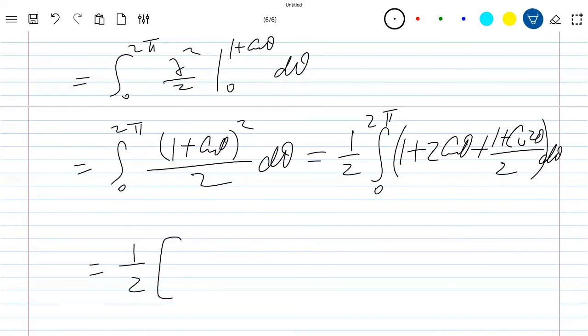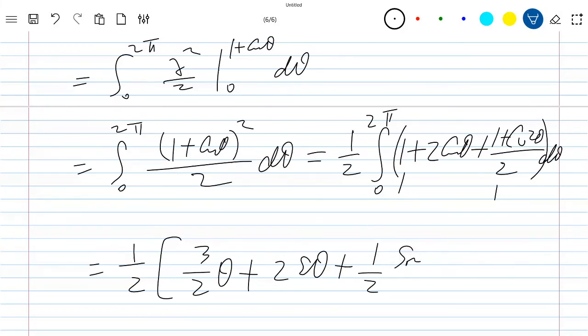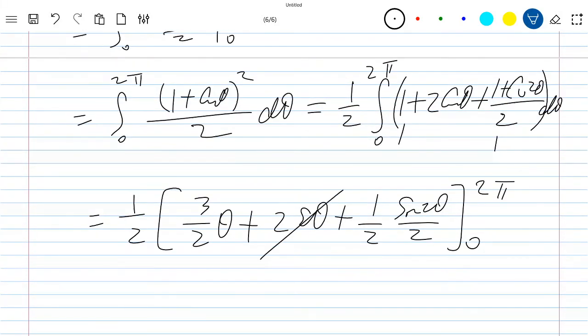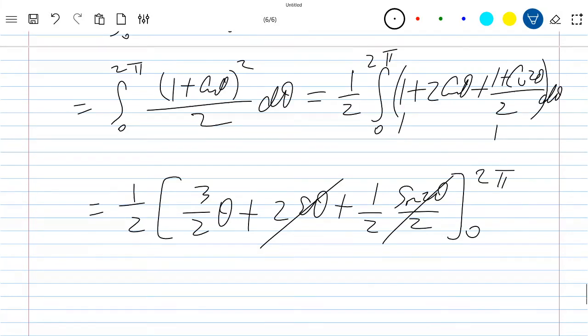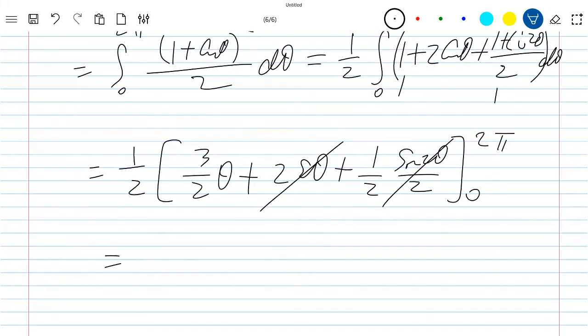Then this 1 and this 1/2 will give you 3/2 theta. Then you get 2 sine theta, and this 1/2 cosine 2 theta will give you sine 2 theta over 2, right? And all of the sine parts will be gone when you plug in the limits. So in the end, you get 2 pi divided by 2, which is 3 pi over 2.